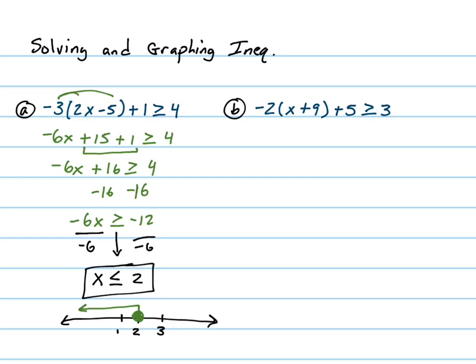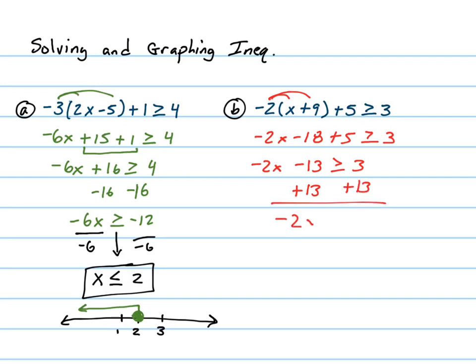Question B, same idea. We'll go ahead and distribute. We've got negative 2x minus 18 plus 5 is greater than or equal to 3. We can combine like terms, negative 18 and 5, so that's negative 13. So negative 2x minus 13 is greater than or equal to 3. We're going to add 13 to both sides.